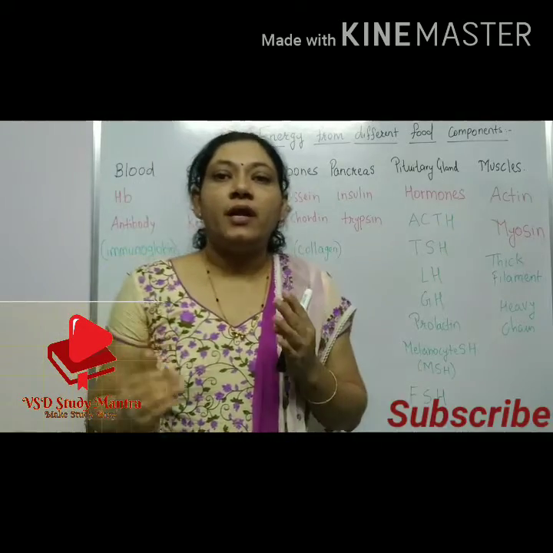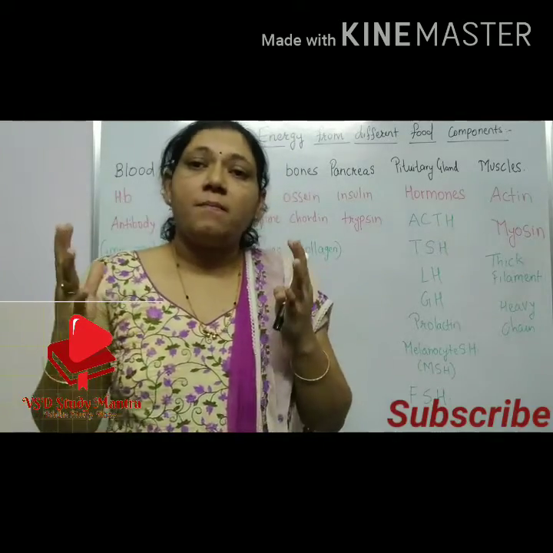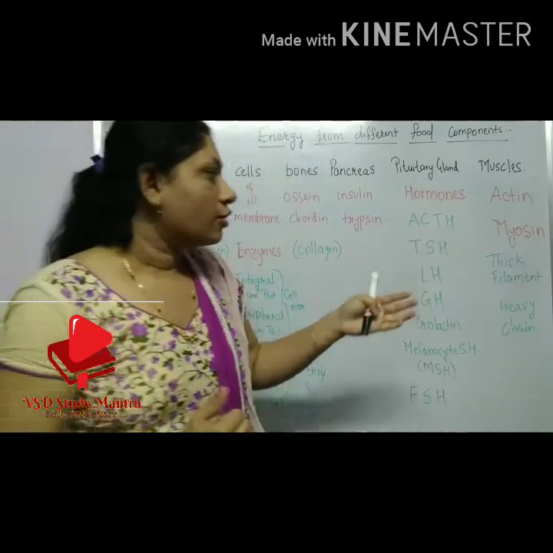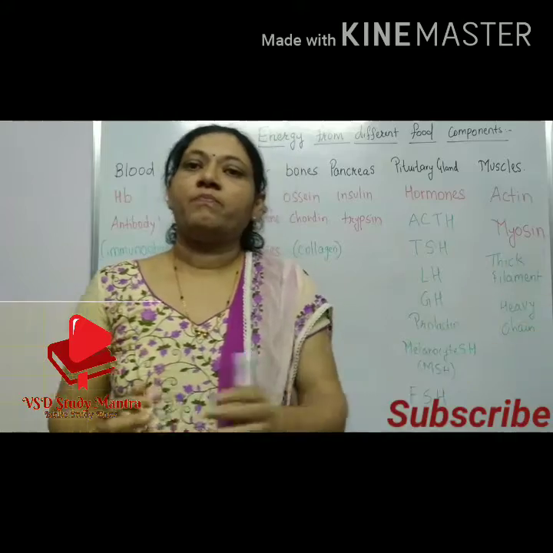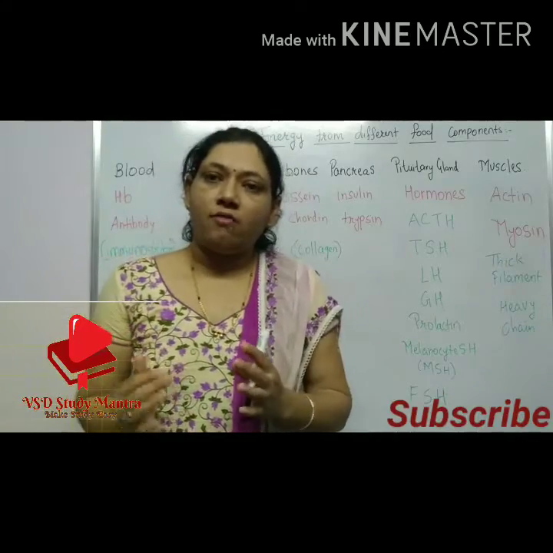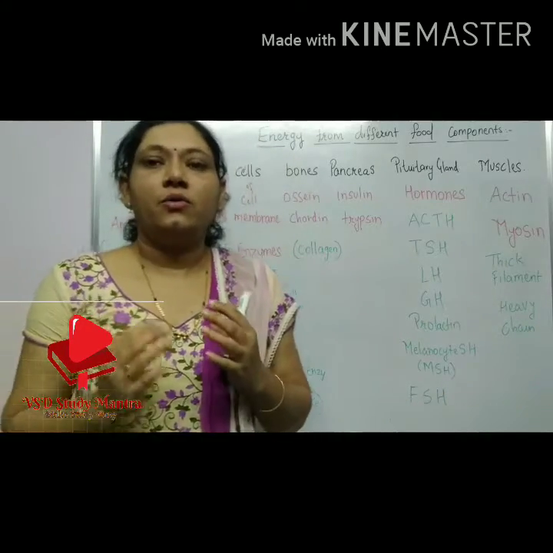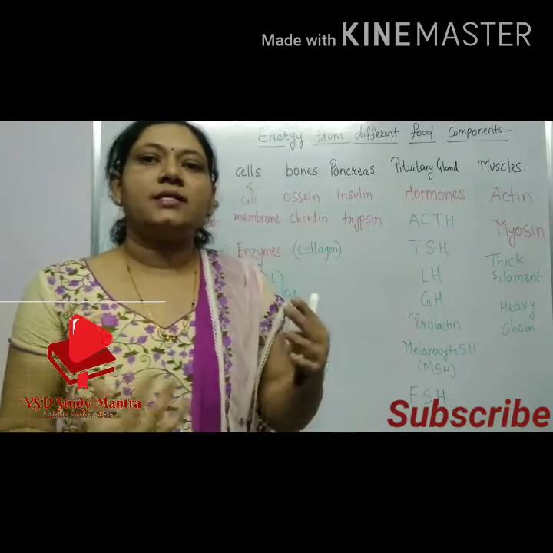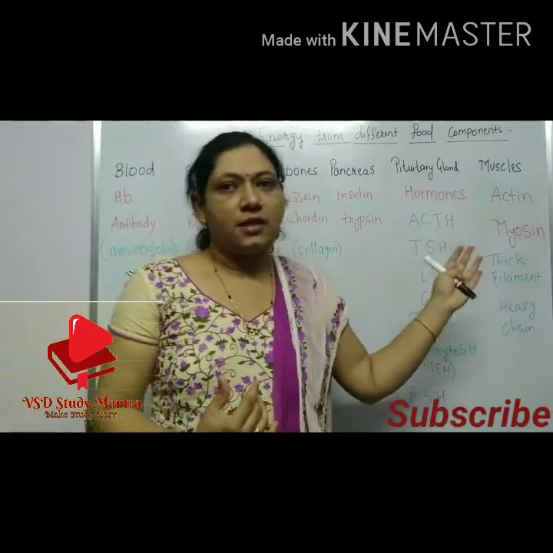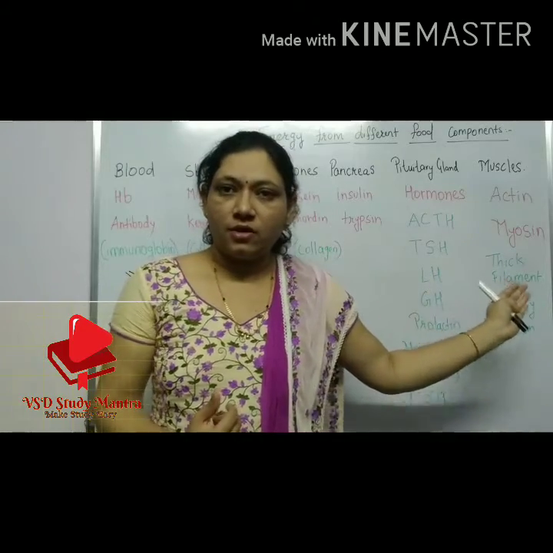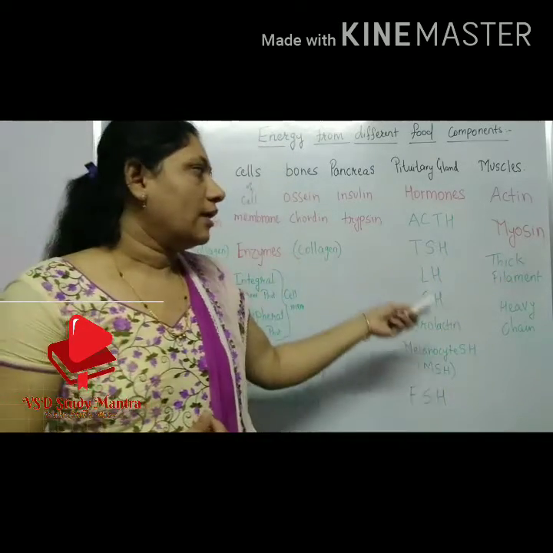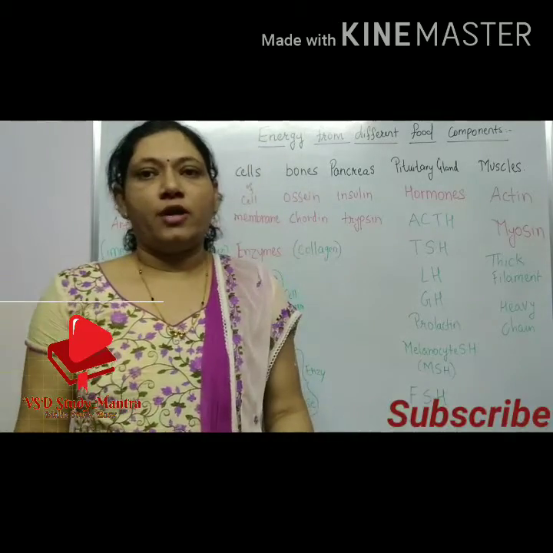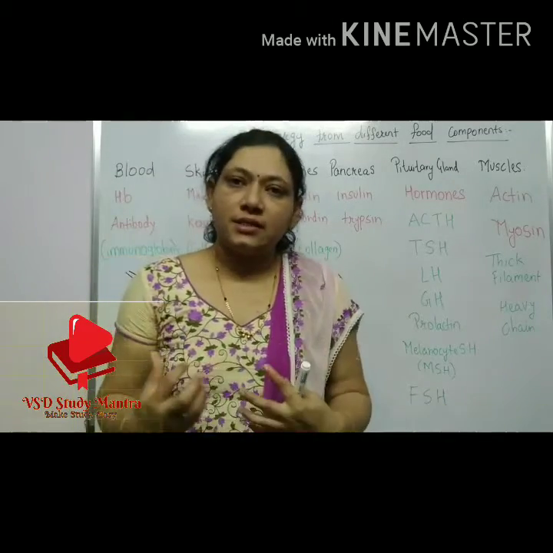Because they build and strengthen our muscles. What is the function of this protein? To strengthen our muscles, and our body growth and development depend upon these types of proteins. So this protein is responsible for the growth and development of our body and our muscle cells.